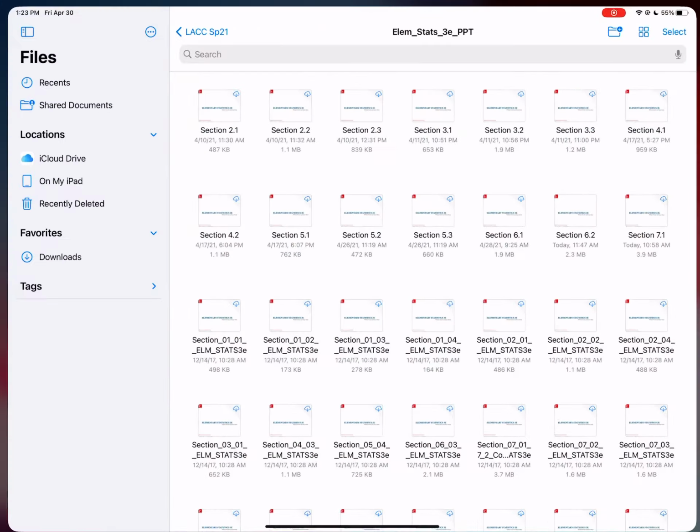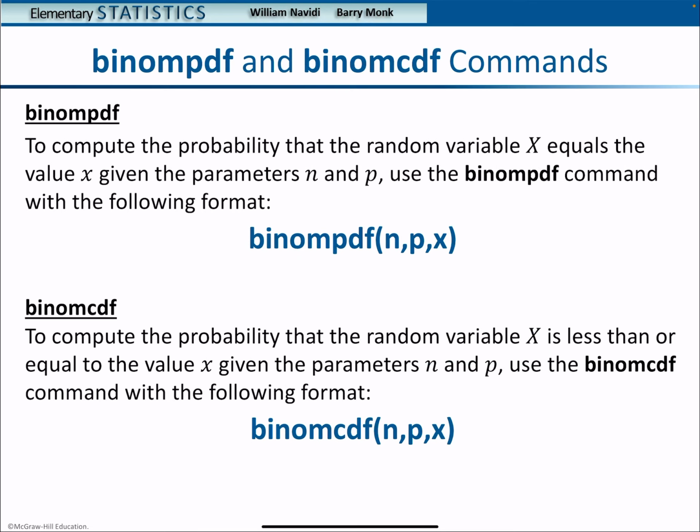Okay, let's go ahead and do some. To compute the probability that the random variable X equals the value given these parameters, you use this. This is the number of trials. This is the probability of success.